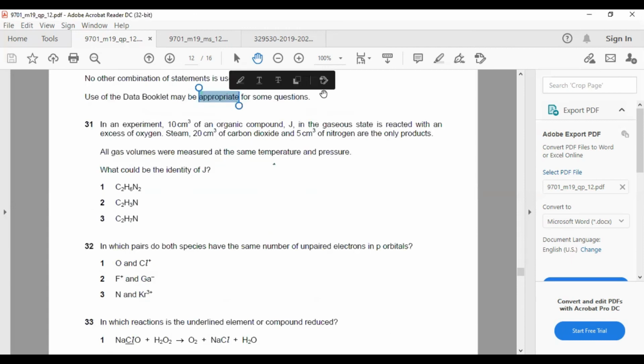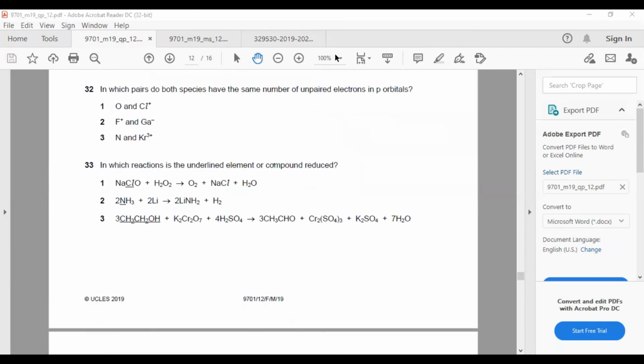Number 33. How will you save your time in the exam? If you know it group-wise, if you remember like group 3 has P1, group 4 has P2, like carbon, I suggest my students remember like that. Group 5, P3, half filled, all are unpaired. Group 6, P4 means 2 unpaired.